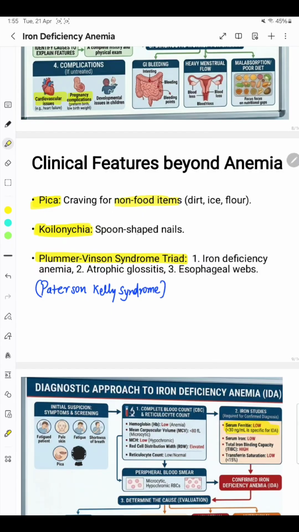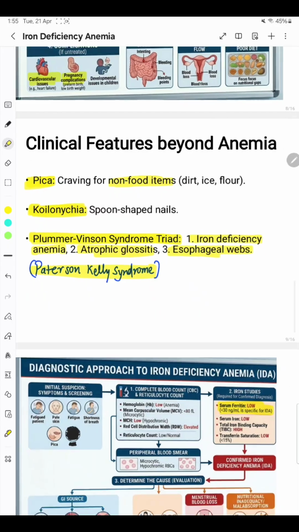Koilonychia is spoon-shaped nail. Plummer-Vinson syndrome or Paterson-Kelly syndrome is a triad of iron deficiency anemia, atrophic glossitis and esophageal webs.